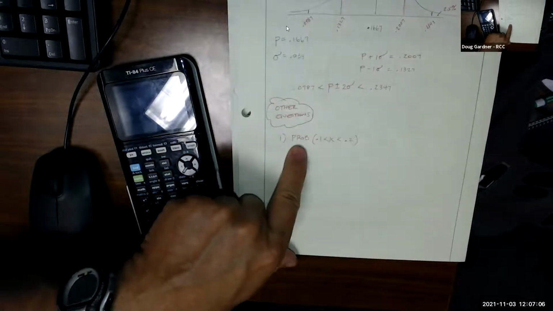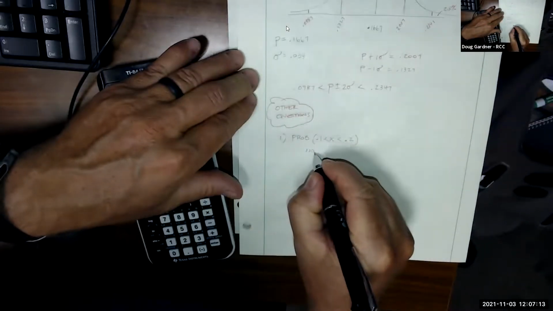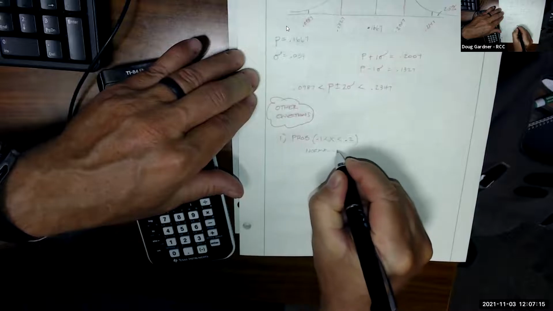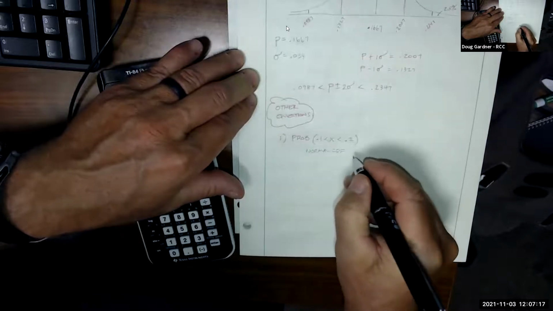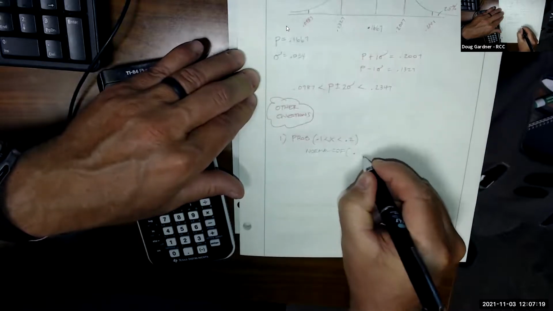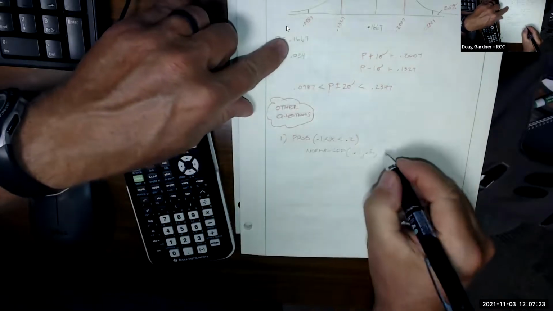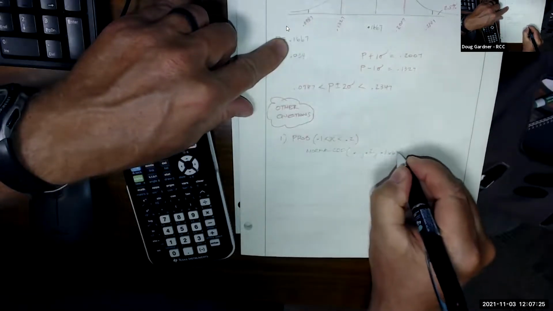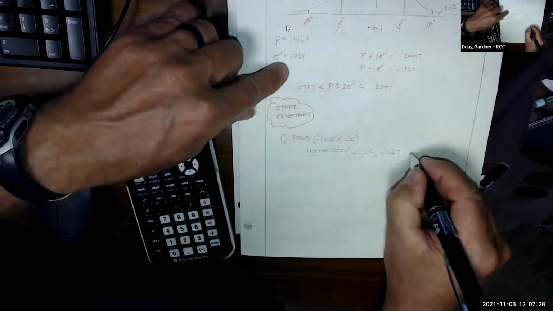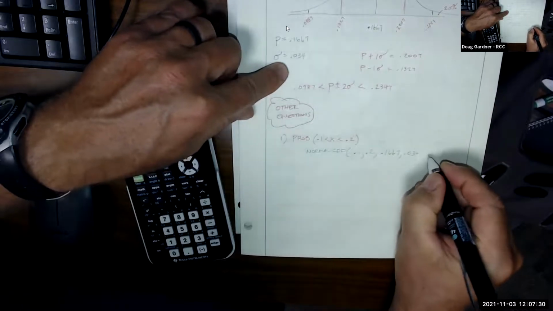I'm asking you for a probability. So if I say normal CDF, what's it asking for? Lower limit, upper limit, the mean, which was 0.1667, and the standard deviation, which is 0.034.